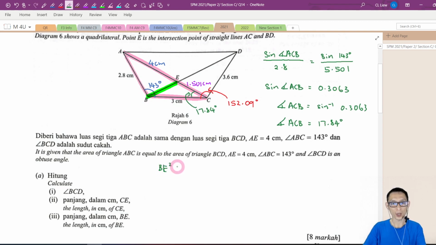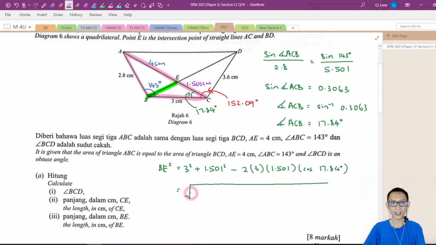Okay, BE square is equal to 3 square plus 1.501 square minus 2 times 3 times 1.501 times cosine of this angle, 17.84 degrees. Okay, press your calculator for this whole thing and then you square root it. Then you will be able to get the length of BE.